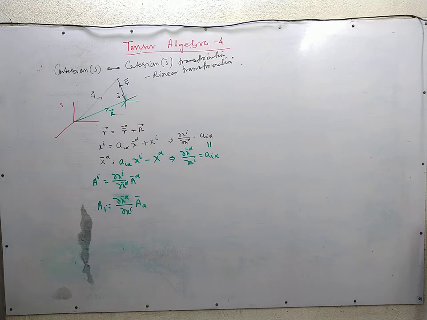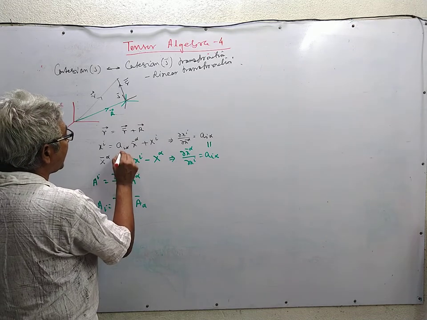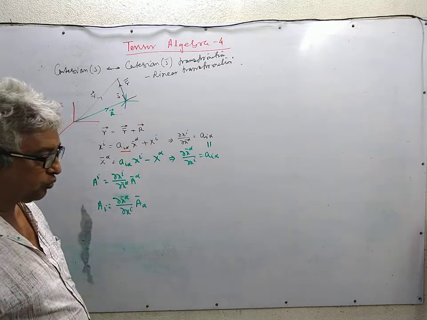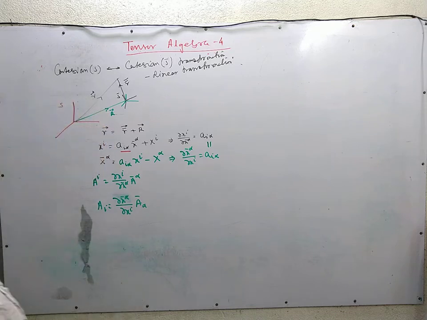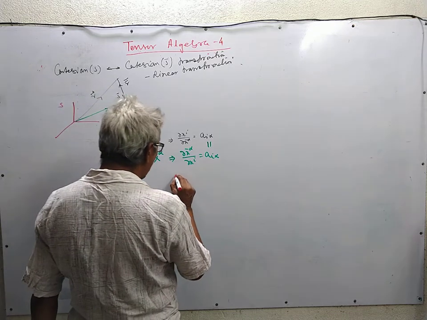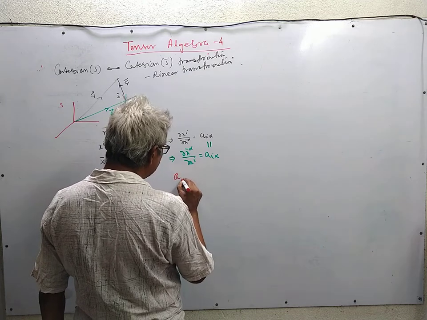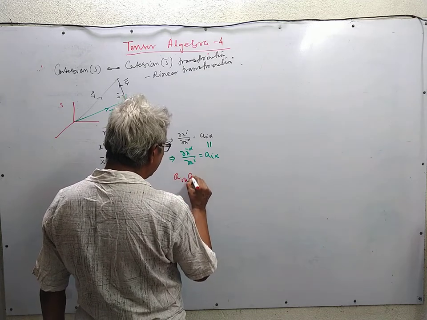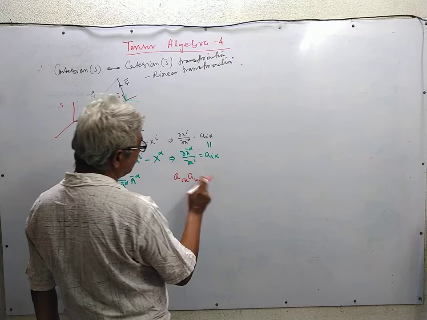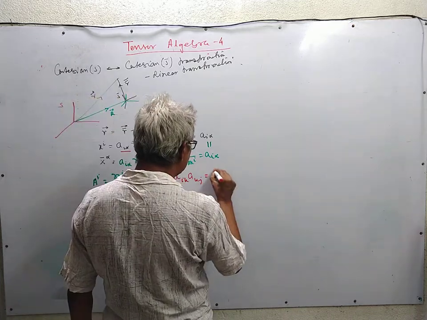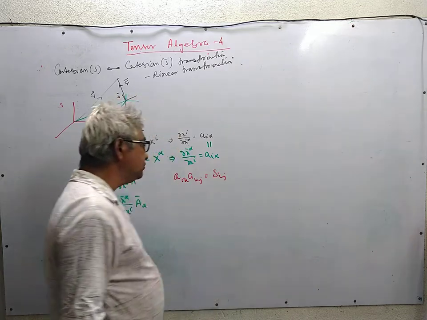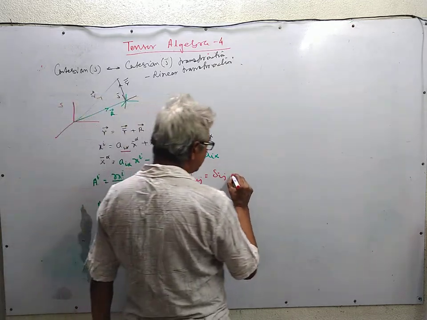One more thing: these a i alpha that we have talked about are the components of an orthogonal matrix. For an orthogonal matrix, I have a i k a k j, summed over k, equal to delta i j, as we used to write in matrix notation.